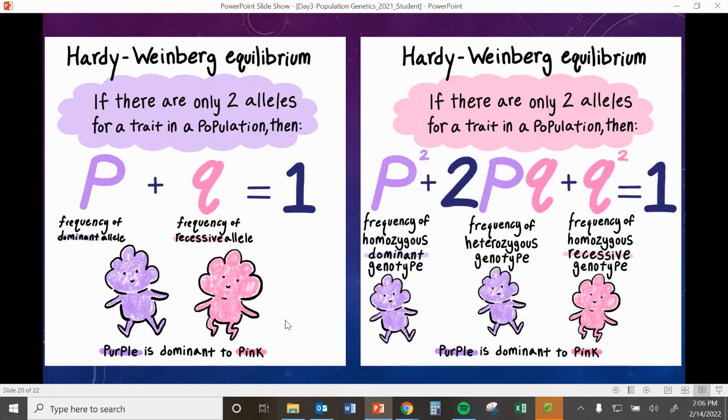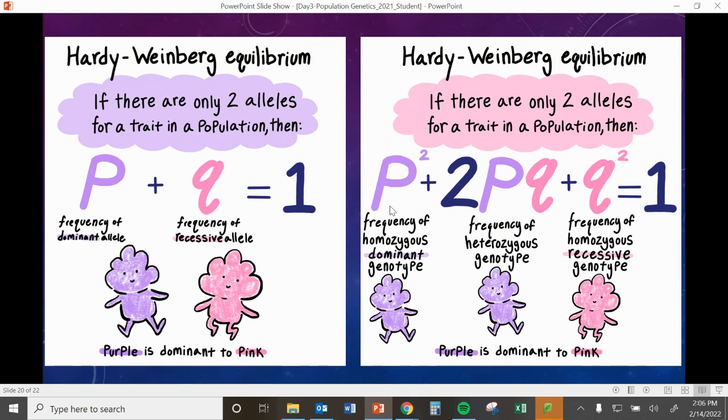The second equation is looking at each of the individuals. If we have a homozygous dominant individual, they're going to have two P's. They have to have one P and another P from their other parent in order to be homozygous dominant.